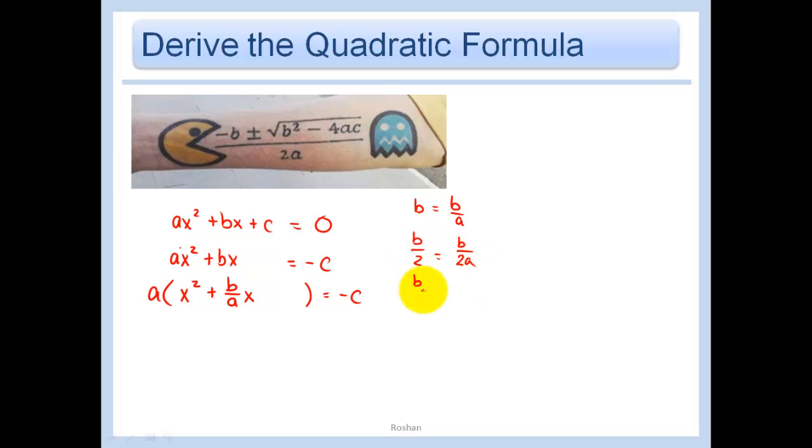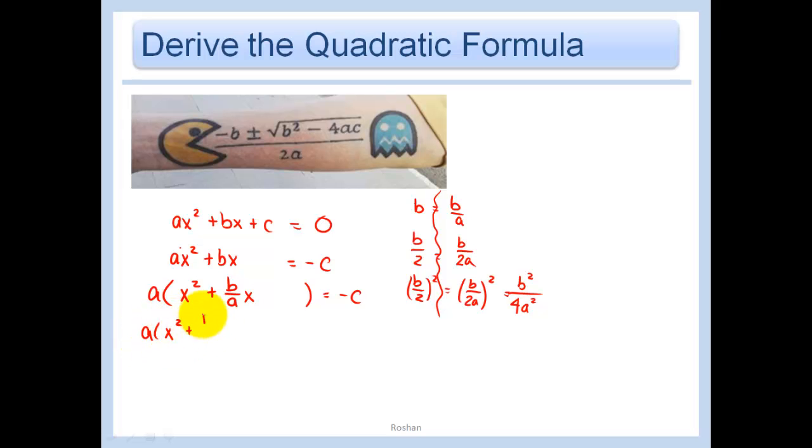And then b over 2 squared is going to be b over 2a squared. Just going to put a squiggly there so you don't get confused with the same letter. And I square the top, which is b squared, and I square the bottom. So 2a times 2a is 4a squared.